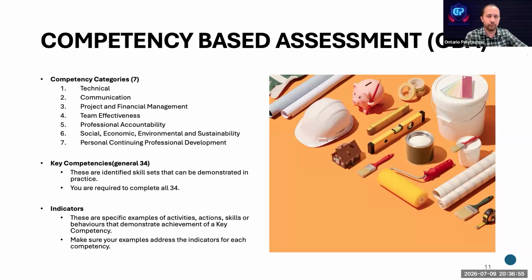Back home you worked with a company, and your supervisor is an engineer in that country, so that is acceptable. If you don't have Canadian experience or a Canadian P.Eng. validator, you can assign somebody from your home country, as long as that person is an engineer back home.